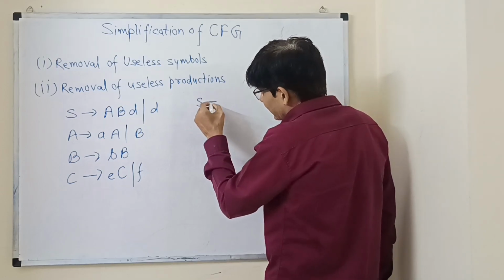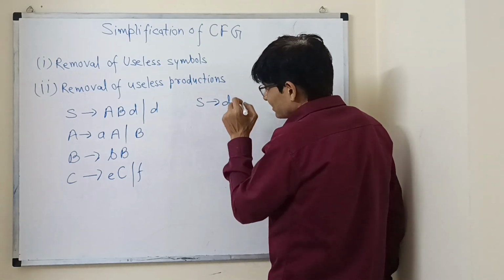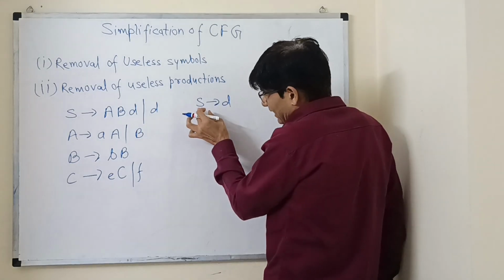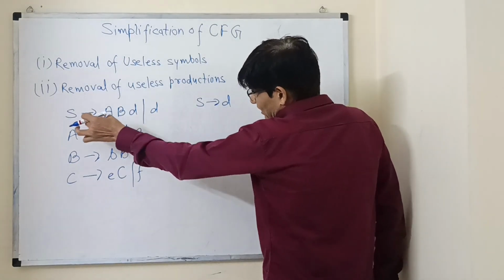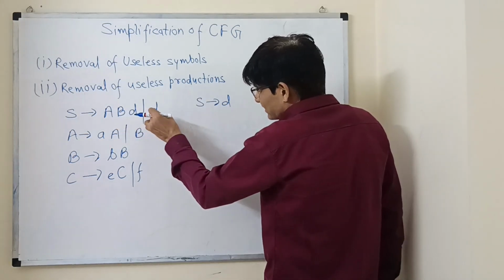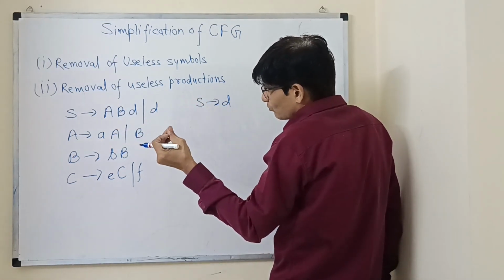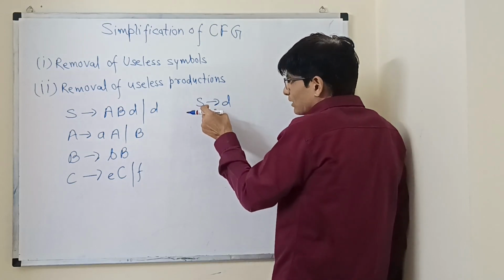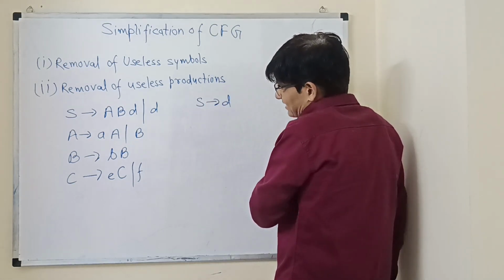So I will add S gives d only once. So I have removed this. So it becomes S gives d, and one more production is there, S gives d. So we will not repeat the same production again. So I will use only S gives d.